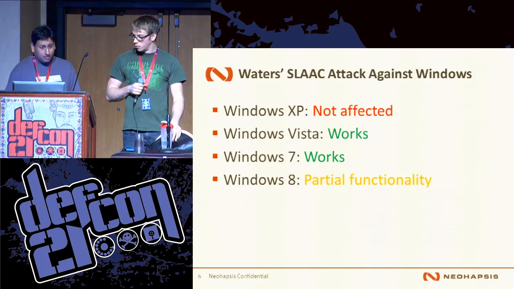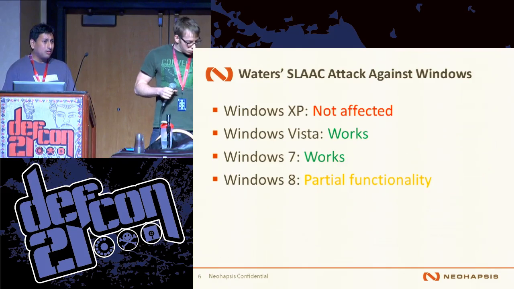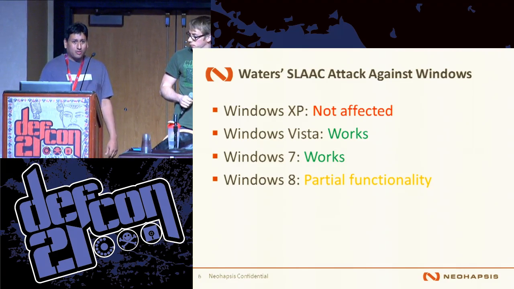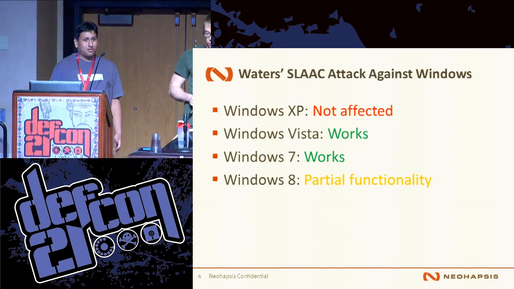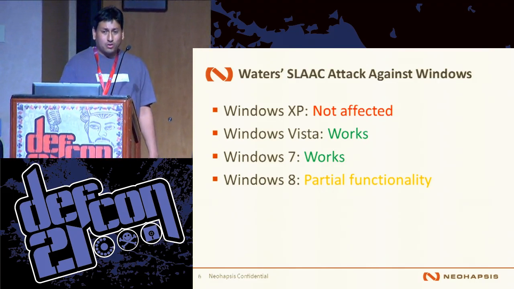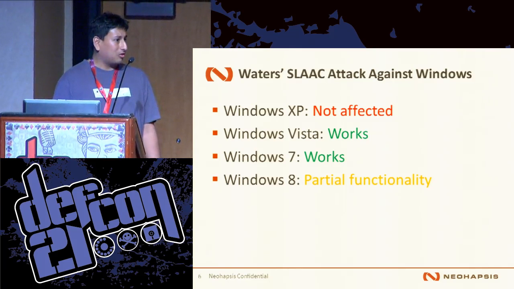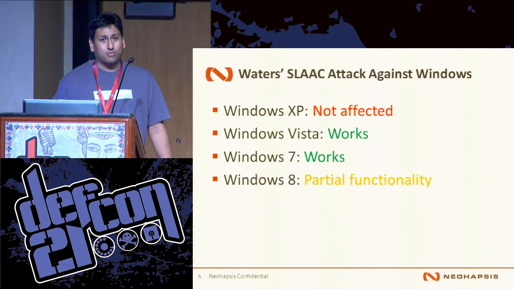Here's a brief history of the guide as presented by Alec Waters. First off, you'll note that Windows XP is not affected because it doesn't have an IPv6 stack. Vista and Windows 7 work for sure. When we were trying it in the lab, we got our hands on a copy of Windows 8, and we found that we couldn't get it to work properly the way that Waters had written it.